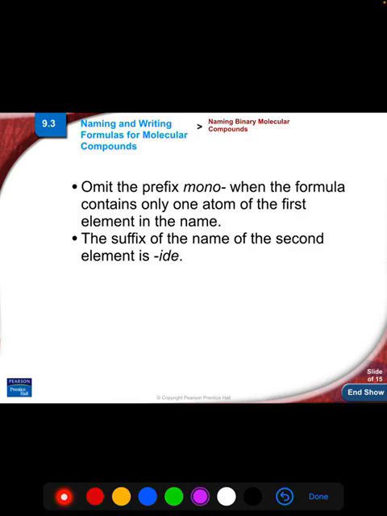And of course, as you may have noticed from our example, the suffix of the second element becomes "ide," I-D-E. The same way we changed the suffix of negative ions, anions, to "ide." For example, changing chlorine to chloride when it becomes the Cl- anion.